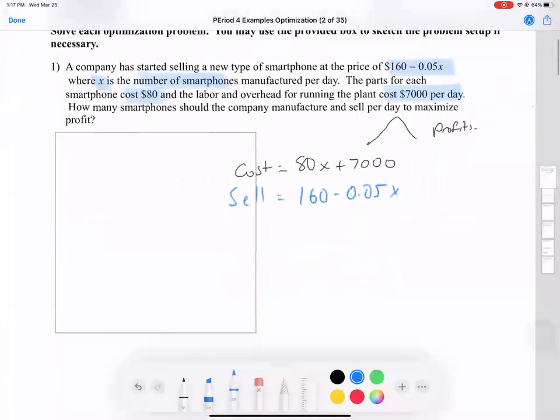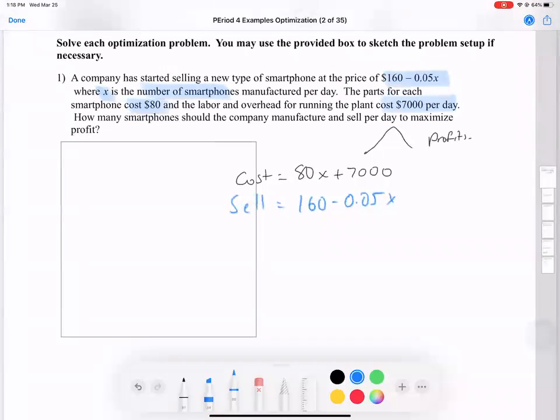Now, how do I figure out profit? Profit is how much I sell it for minus the cost. So we have an equation for that.